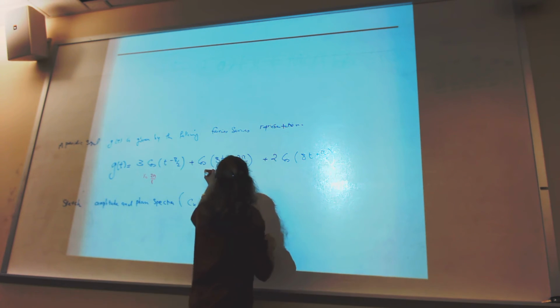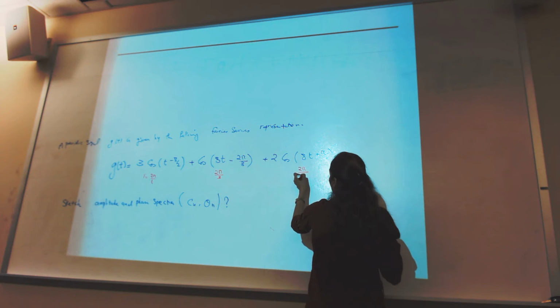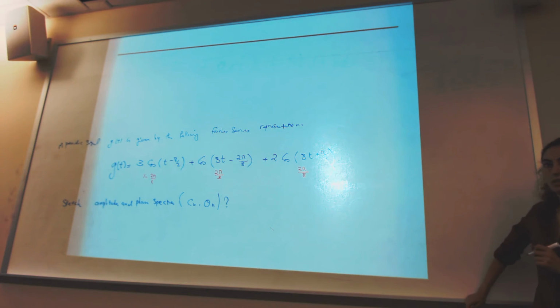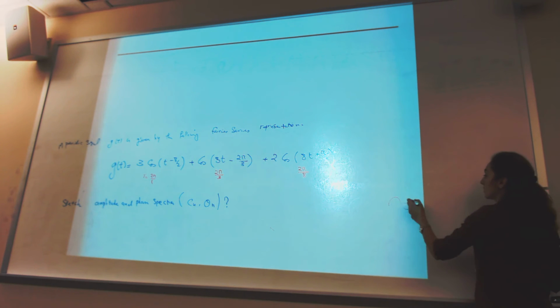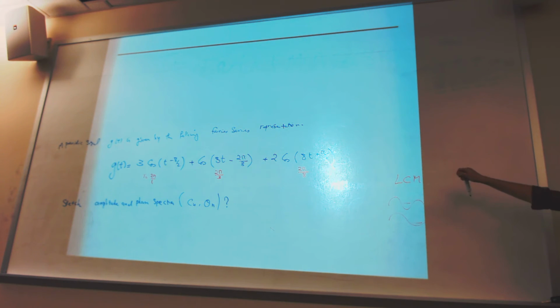How about this one? 2π over 3, 2π over 8. So what's the common period of the signal? Remember, if you are adding signals which are periodic with different periods, you have to get the LCM, the least common multiple. So what's the period of the signal?